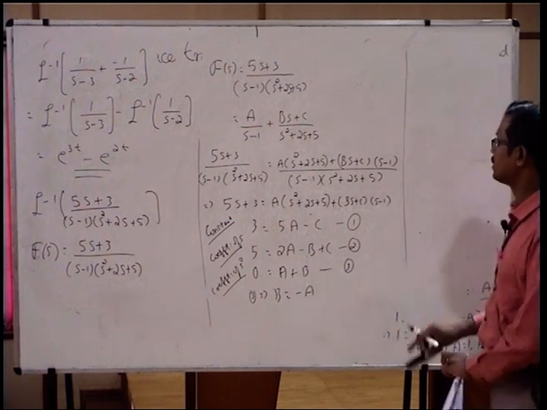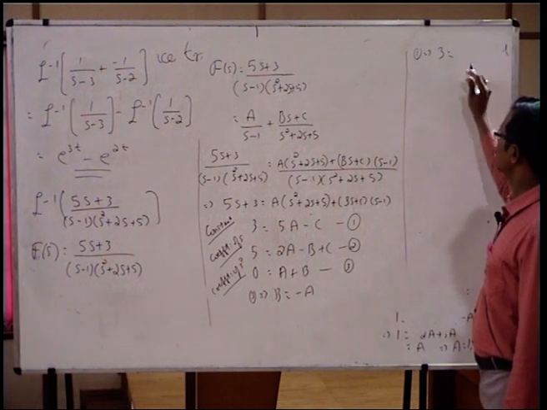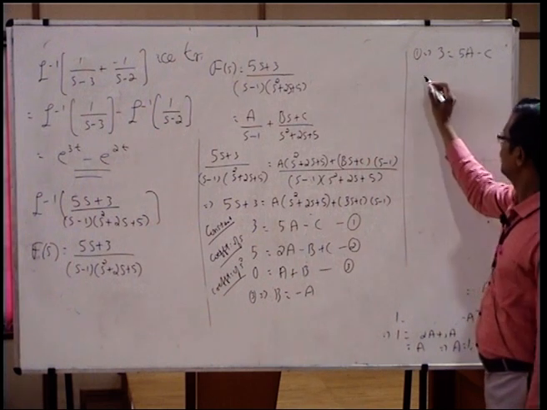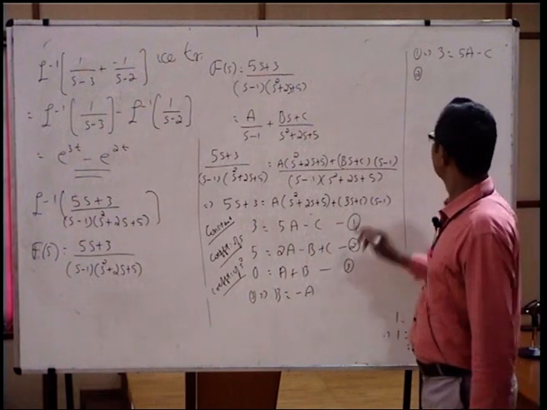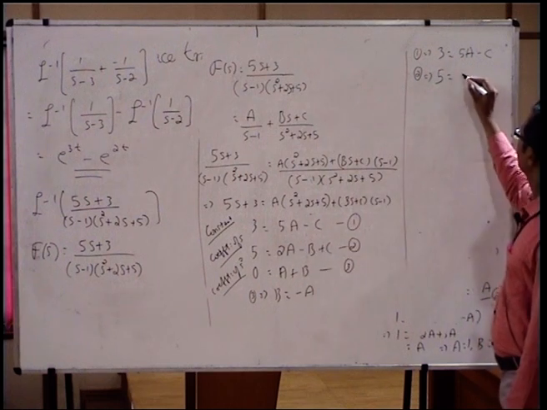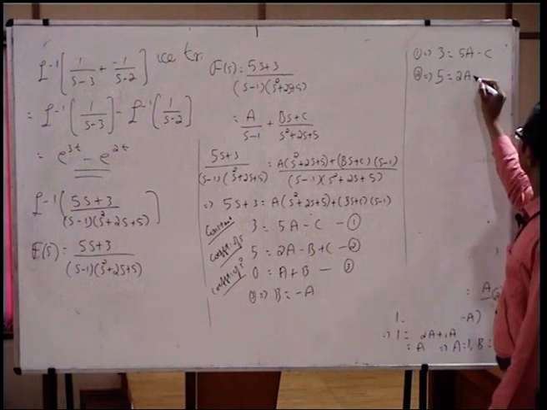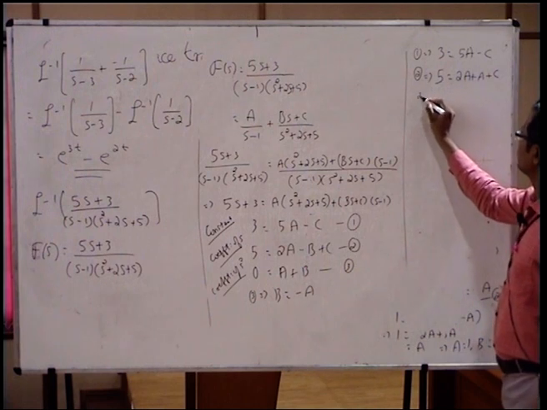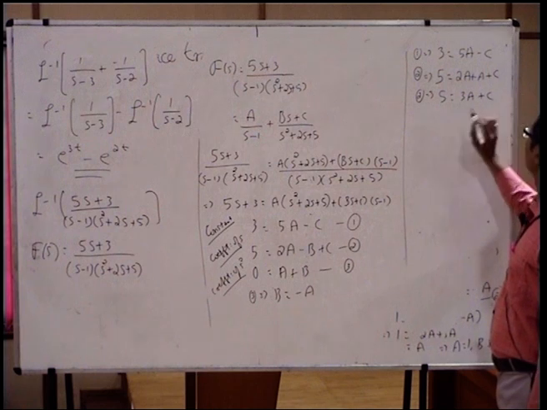So for b equal to minus a, equation 1 implies 3 equal to 5a minus c. With this substitution, equation 2 implies 5 equal to 2a minus b, and b is minus a, so 2a plus a plus c, so 5 equal to 3a plus c.